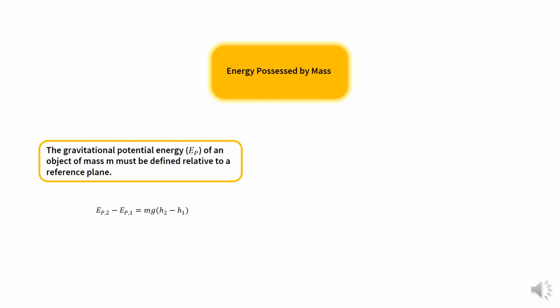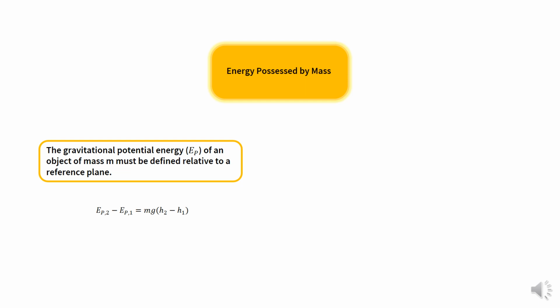Energy possessed by mass. All mass possesses energy. Energy is possessed by mass due to its motion, position in space, and the state in which it exists. A body possesses potential energy as a result of its position in a potential field.